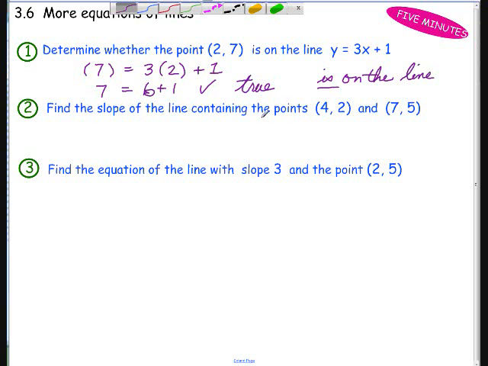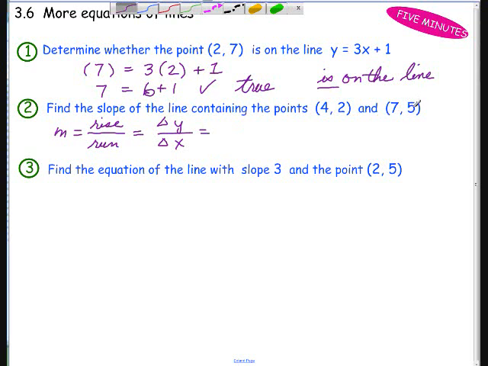Find the slope of the line containing the points 4, 2, and 7, 5. Remember what we do for slope. Rise over run. And the rise is the change in y. The run is the change in x between any 2 points.